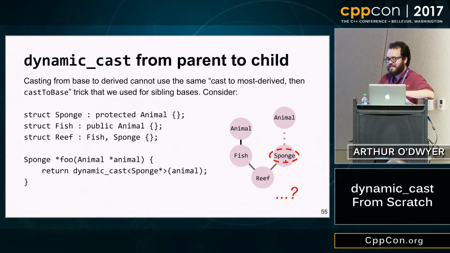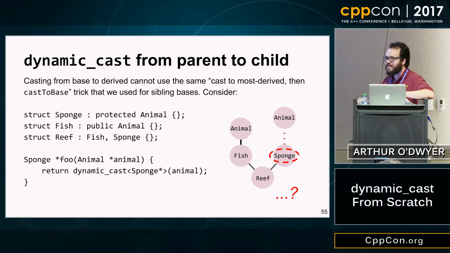Everybody knows it. We get that sponge. But if I point to this animal, the right-hand animal that is actually a sub-object of sponge, and I say, I would like this sponge, that actually doesn't work. That will give me null, because that would require the runtime to admit that this animal is a sponge.